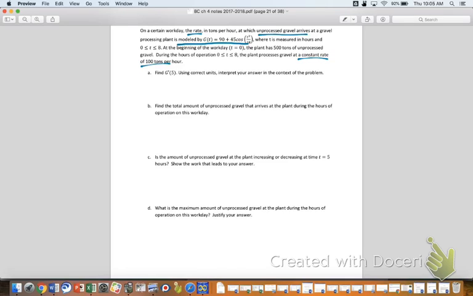And then this might be something really worth parking on for a couple of minutes, and that is using correct units, interpret your answer in the context of the problem. Hey, you're in math class. Do this. Not whatever that is.